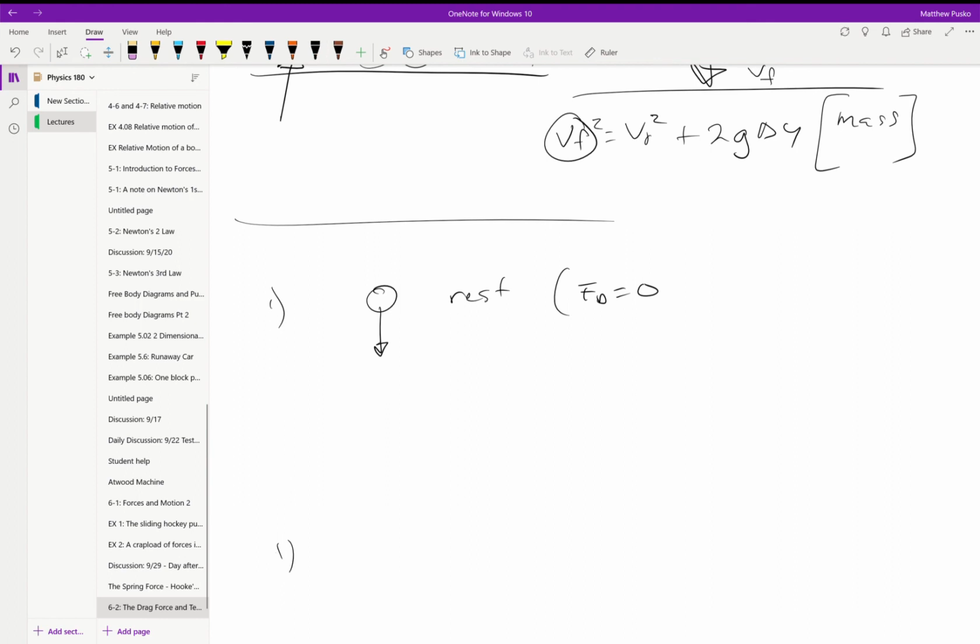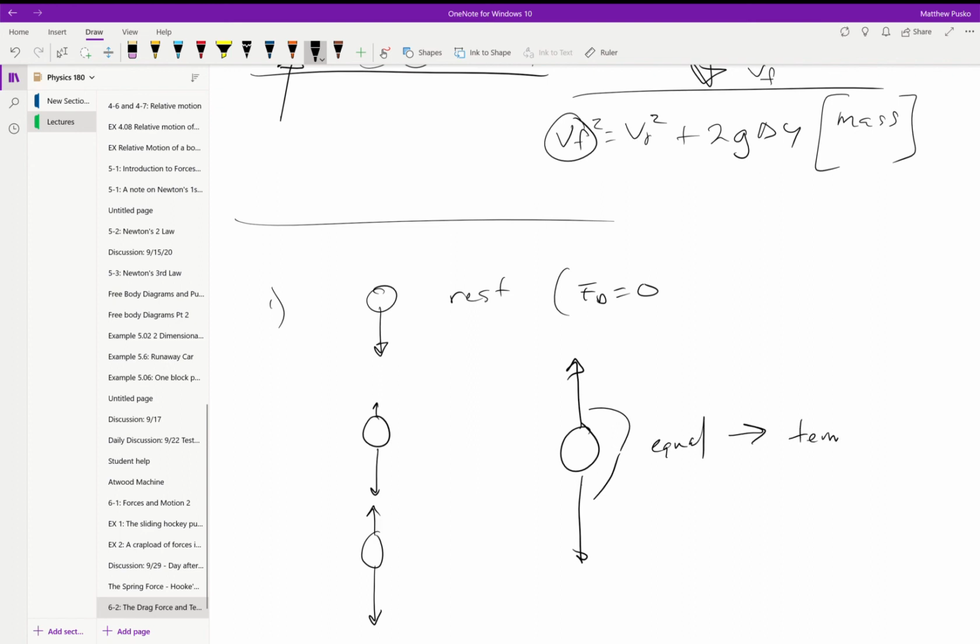In its next instant, it just has a little bit of drag. And it's going to continue growing as it speeds up until they're equal. Once they are equal in magnitude, then we get what's called terminal velocity.